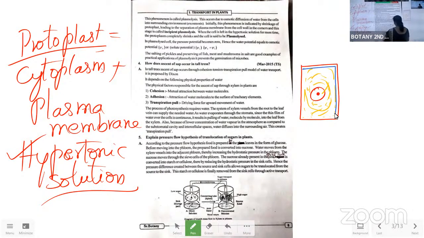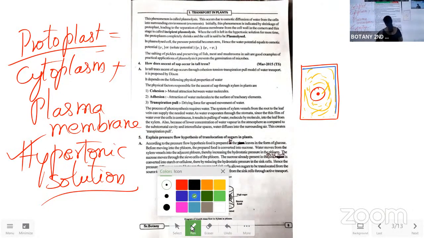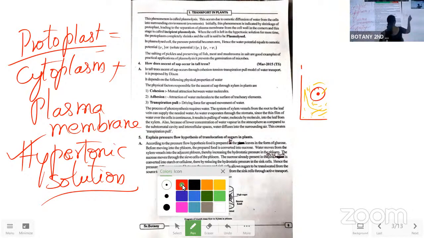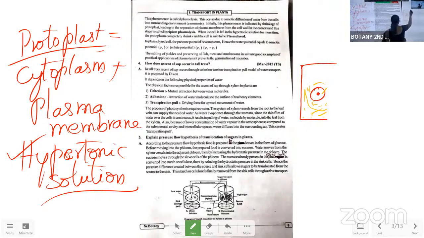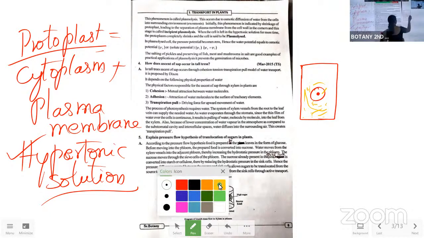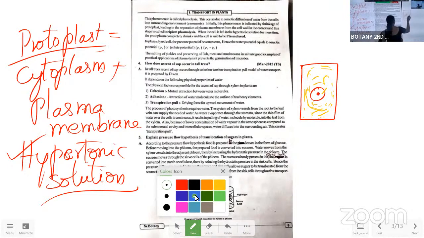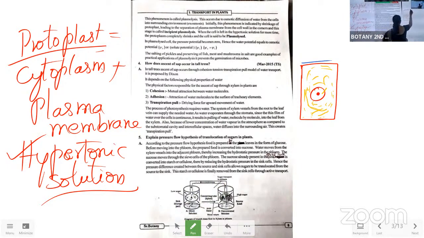Otherwise, take this only as the plasma membrane and the cytoplasm, and above this is the cell wall. Take it as cell wall.